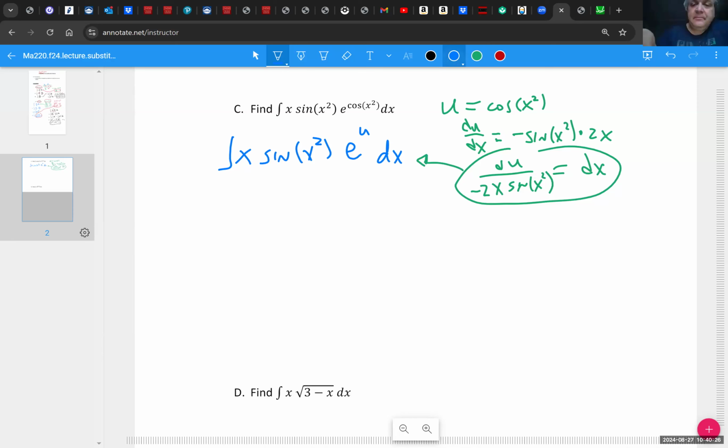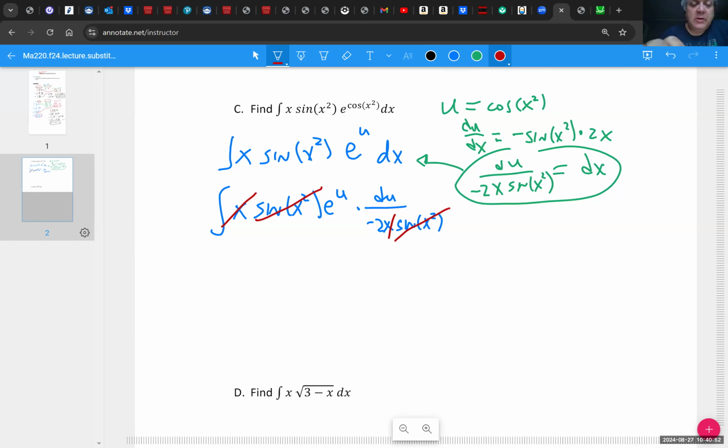All right, let me write this out. x sine x squared e to the u. And my dx is this crazy thing right here, du over -2x sine x squared. And now we get something that looks more hopeful. We do get some divisions here, x divided by x, and sine x squared divided by sine x squared.